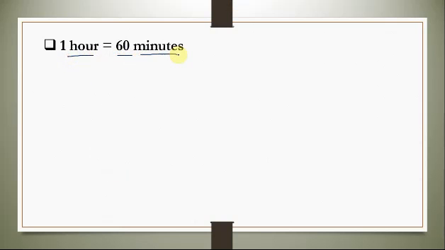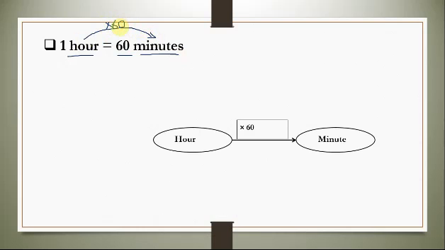Each hour has 60 minutes. So to change from hour to minutes, we will multiply by 60. Here it is the relation. Okay, what if I said to you I want 5 hours equals how many minutes?